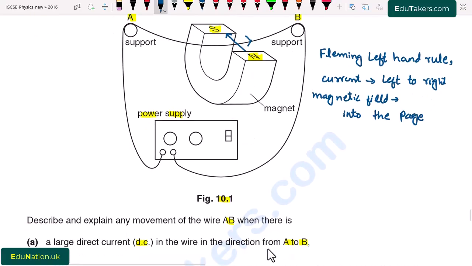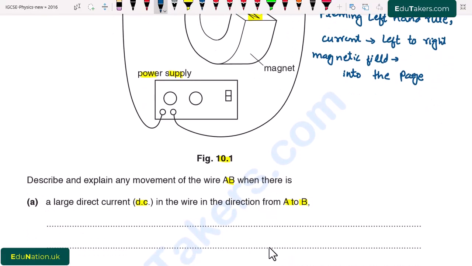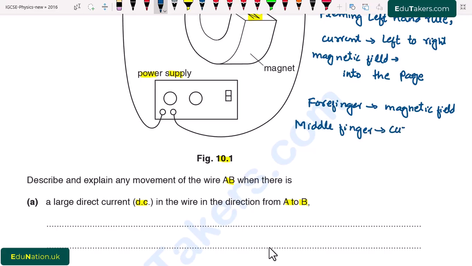So according to the Fleming left hand rule, forefinger points in the direction of magnetic field and middle finger in the direction of current.